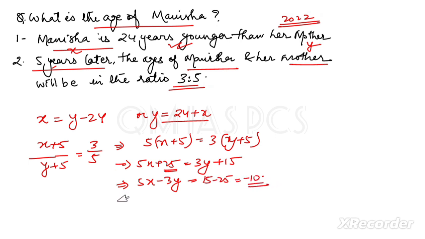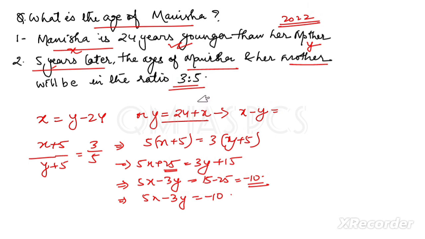So we have 5x minus 3y is equal to minus 10, and in the first equation, you can write x minus y.